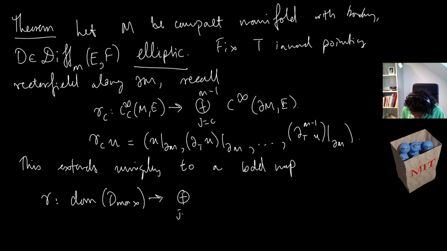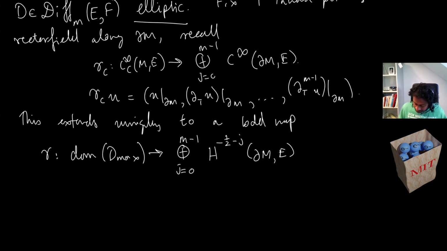And what are the spaces here? The product over j equals 0 to m minus 1 of H to the minus a half minus j. So this is why we require these Sobolev spaces of negative order. Okay, so when we go to the boundary, we're no longer in spaces of functions.